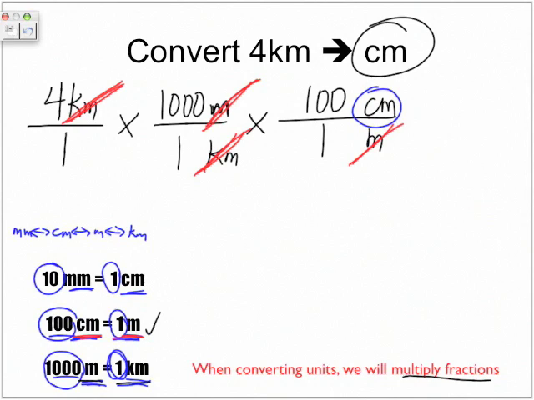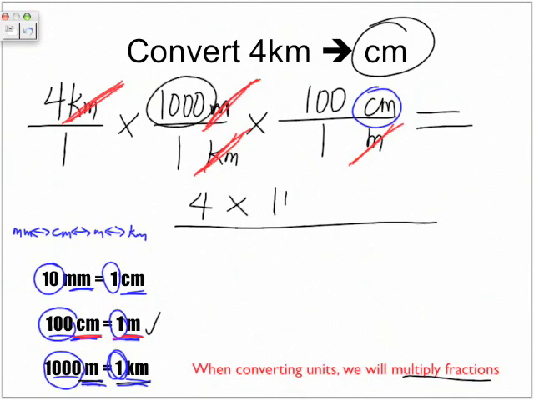Once we have divided out the units that we do not want, and we're down to our last unit, the one that we want, then we put our equal sign. And once we've put our equal sign, we create another fraction to simplify everything. So I'm going to collect everything I have here up at the top. I have 4, I don't have the kilometers anymore, times 1,000 times 100 centimeters.